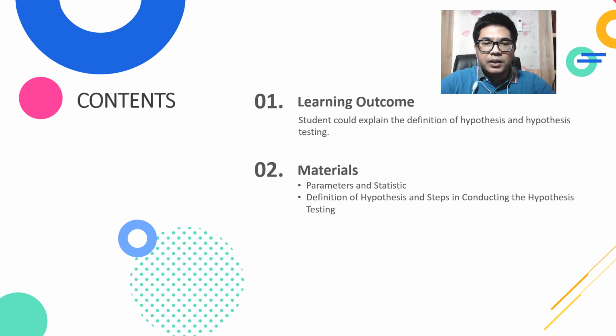Number one, the difference between parameters and statistic. And then, of course, the definition of hypothesis and some steps in conducting the hypothesis testing. Last, there is some student evaluation for you. I will make the evaluation in the form of quizzes.